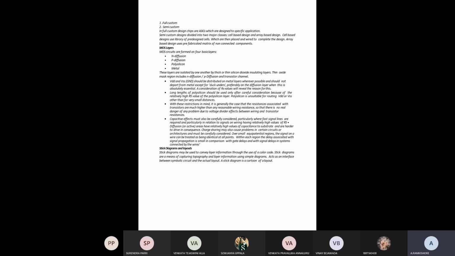They just intimate that information in terms of colors. Mainly we observe three types of colors: red, green and yellow.